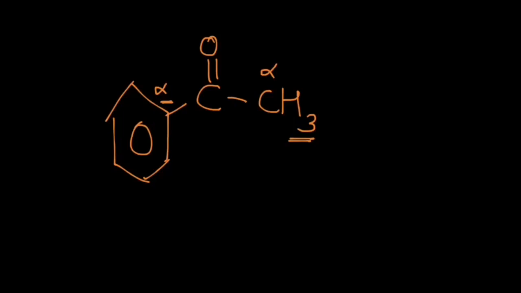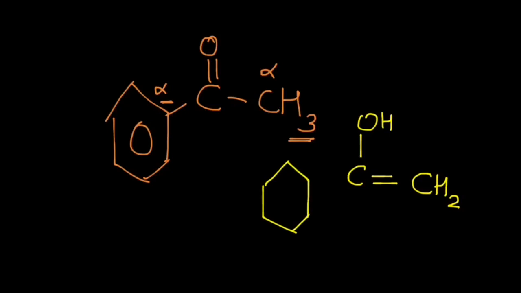And so if I try to draw its tautomer, that is the enol form, first remove 1 hydrogen from the alpha carbon, then give it to the oxygen atom of the carbonyl group, make a double bond between the carbonyl carbon and the alpha carbon, and copy the rest of the molecule as same. This is the enolic form for this compound.